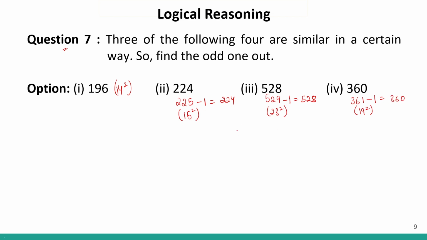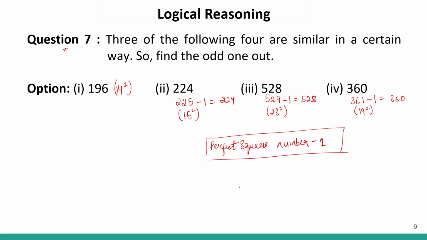So in each of the cases, we had a perfect square number minus 1, but in option number 1 we did not have such a pattern. Therefore, option number 1 will be the odd one out. Clear?